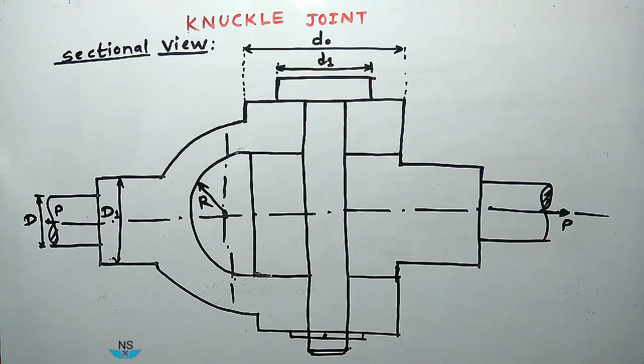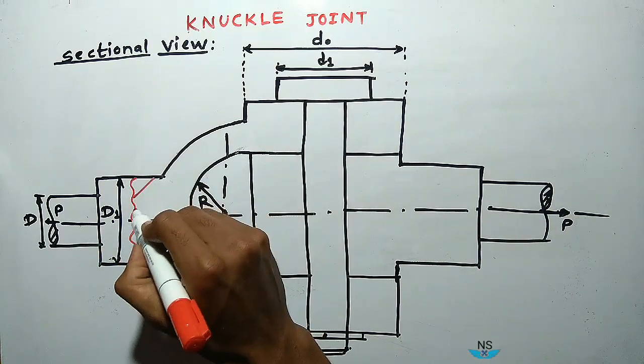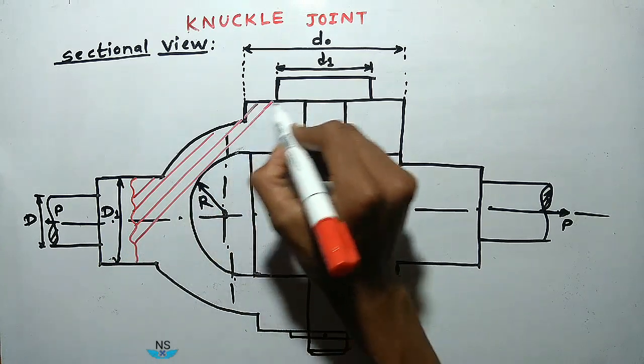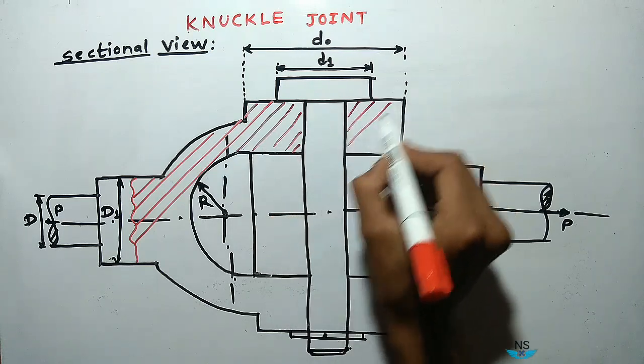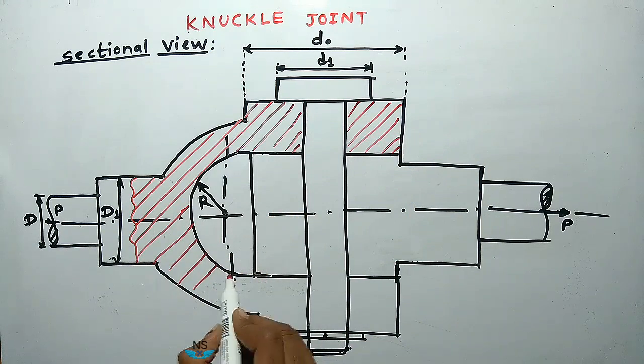Now this is the eye. I am hatching here. This is the fork in red hatching.